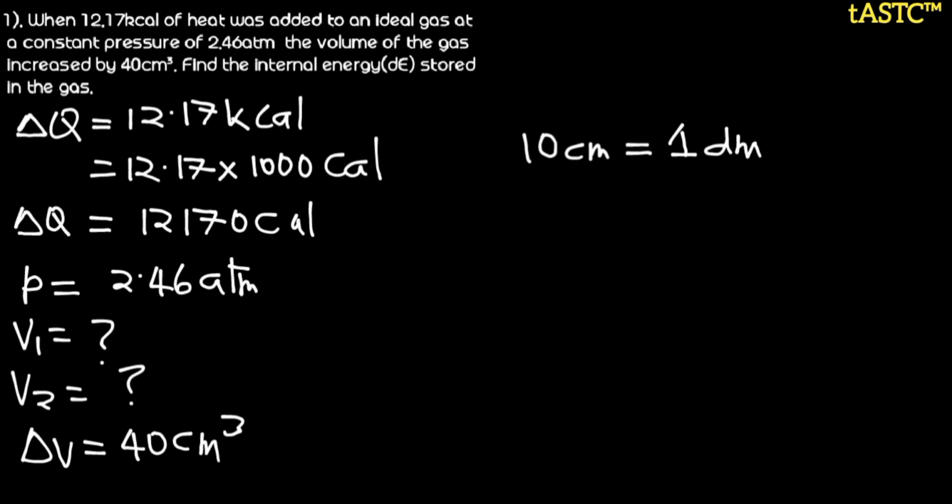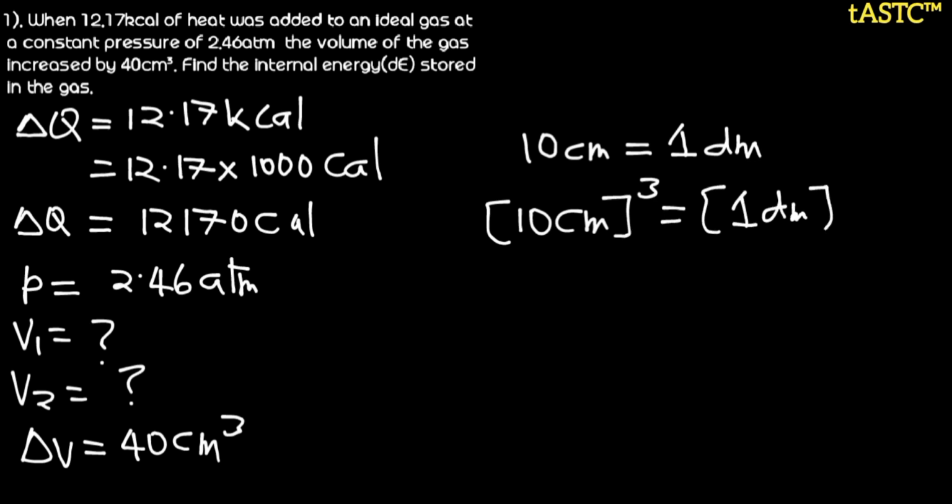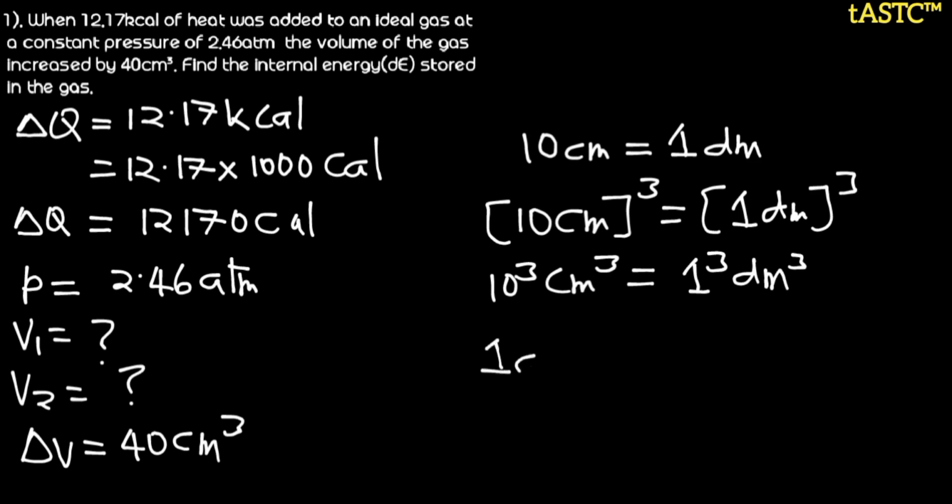Now, what if I took the power of 3 to both sides? That is going to be 10 cm to the third, and here we're going to have 1 dm raised to the third. So distributing the powers, we would have 10 to the third cm to the third, and here we're going to have 1 to the third dm to the third. So we know that 1 dm cube is therefore going to be equal to 10 to the third cm cube.